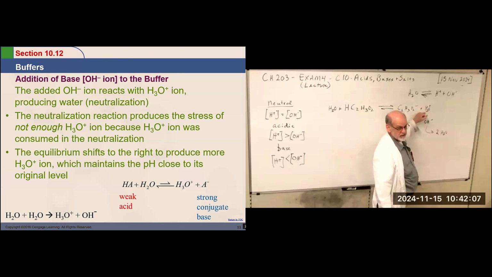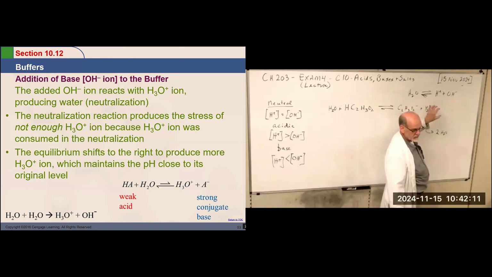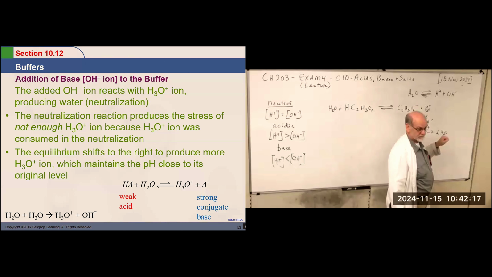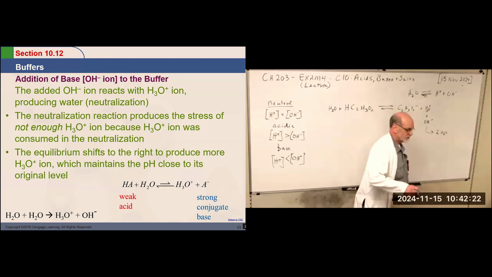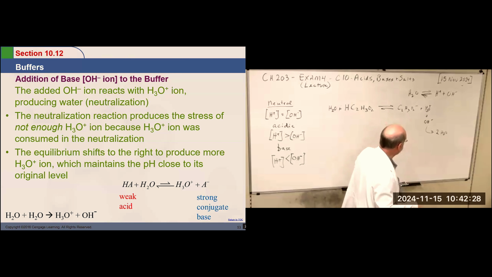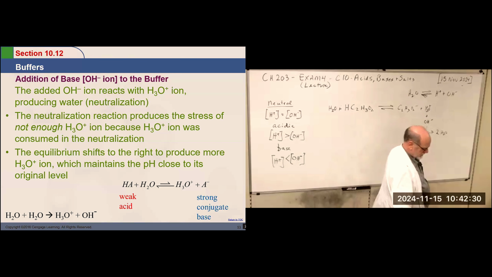That's why the pH will change a little bit. But it will replace most of these hydronium ions by ionizing that acid, and reacting with water. So that's how the pH is stabilized when you add a base to it. Now what happens when you add an acid? Well, let's see, let's get rid of it.